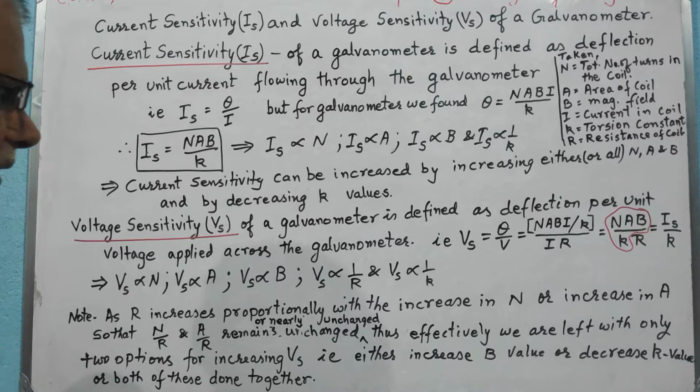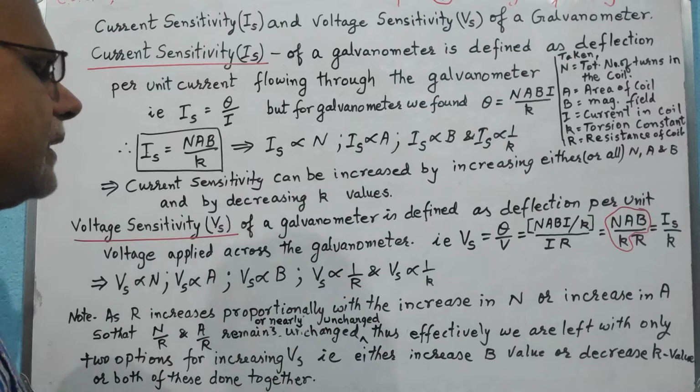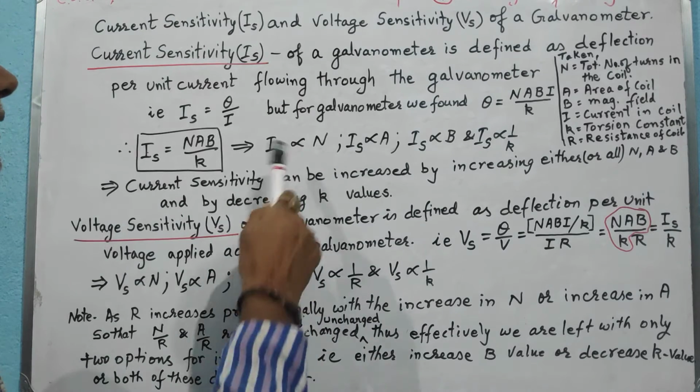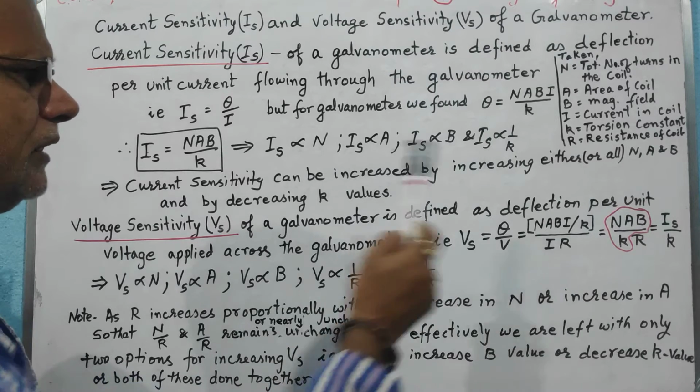Now this factor we have to bear in mind, that if we increase the current sensitivity, for example we increase the number of turns, what happens? The value of R also increases.